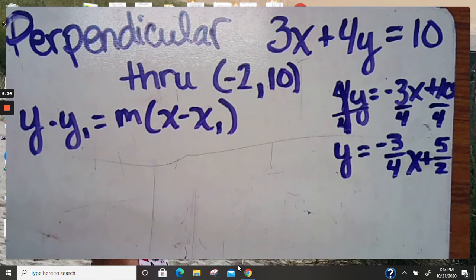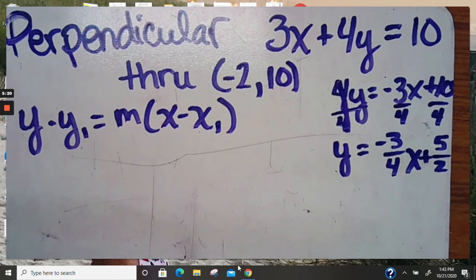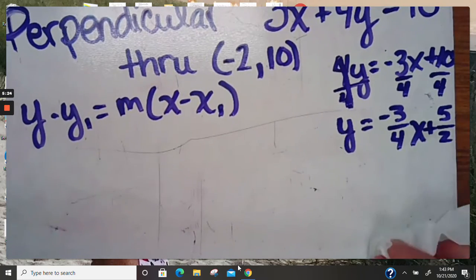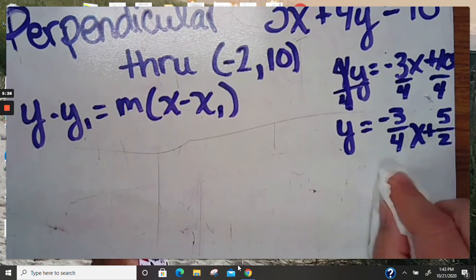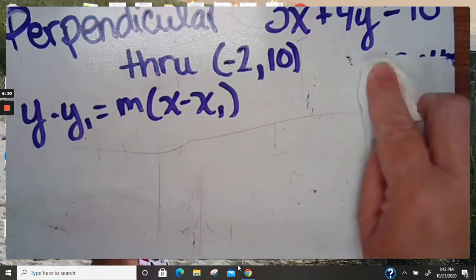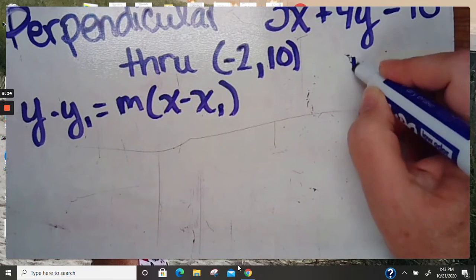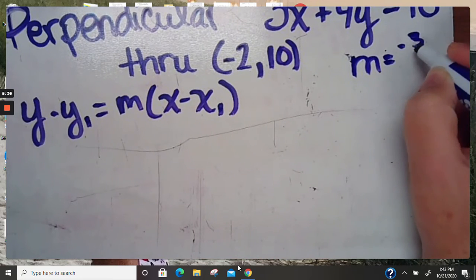Okay, so now it's in slope-intercept form, and I know the slope is negative 3/4. I'm going to erase this part just so that I have room, but you've got it on video so you can rewind. So I know the slope of this line is negative 3/4.